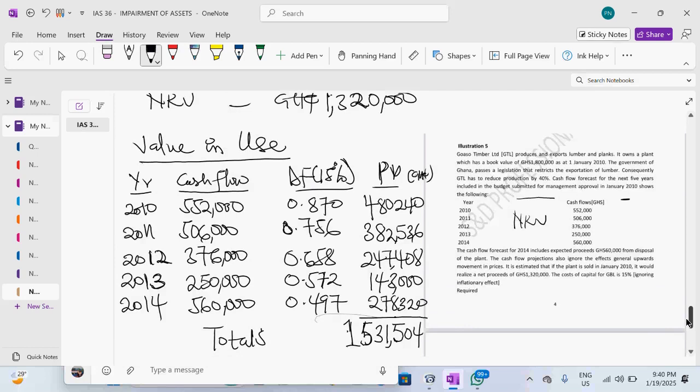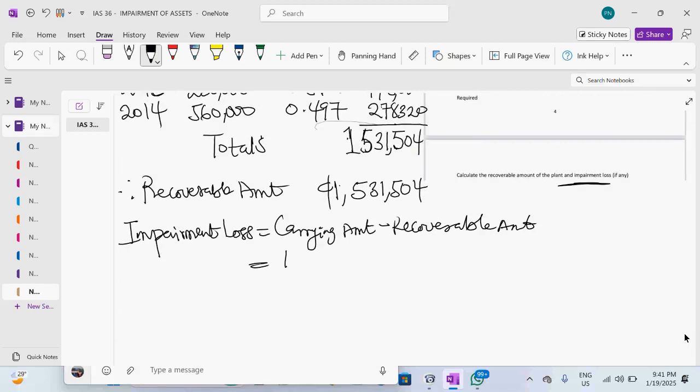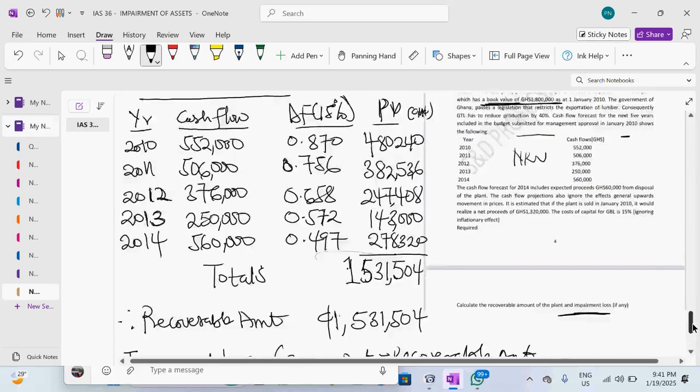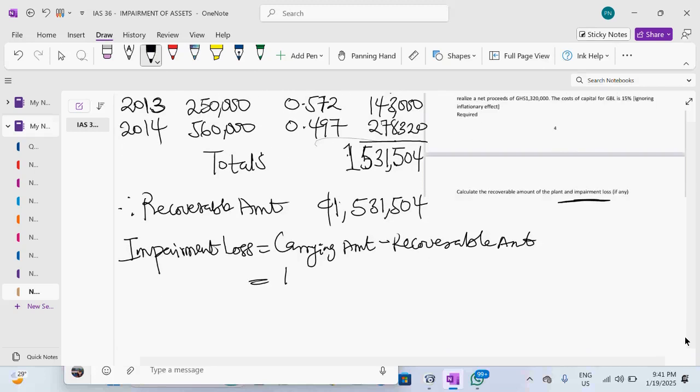It owns a plant which has a book value. The book value is the same as carrying value or the carrying amount. So the carrying amount is 1,800,000.